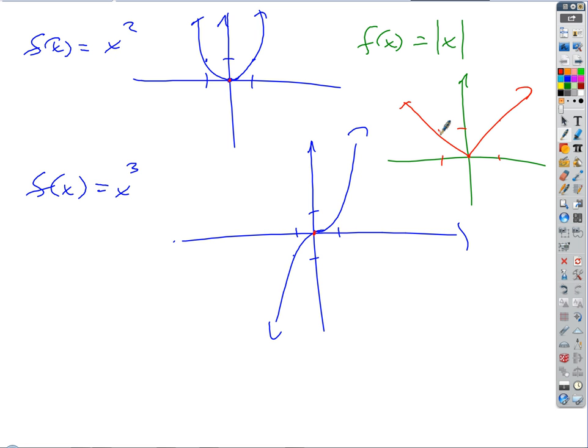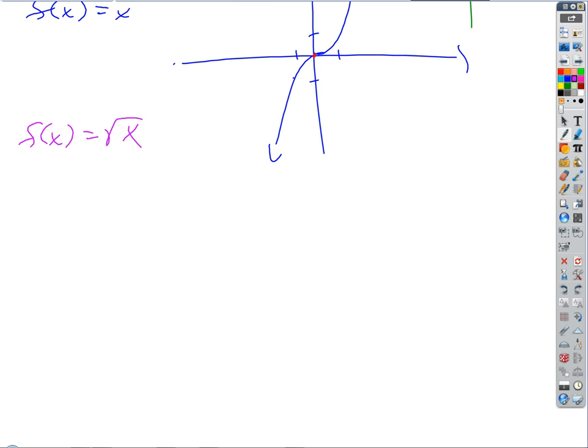And then, I guess we got two more. What about a square root? What's the parent graph of a square root function look like? Starts where? 0, 0, good. And what's it do? Yeah, it's like half of a sideways parabola, isn't it? So this is the one that's going to go like that, right?